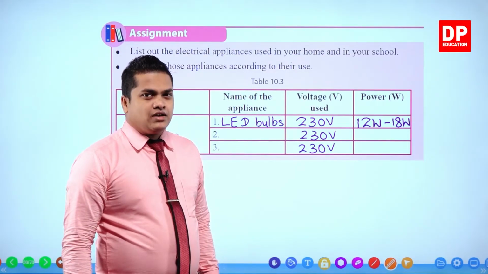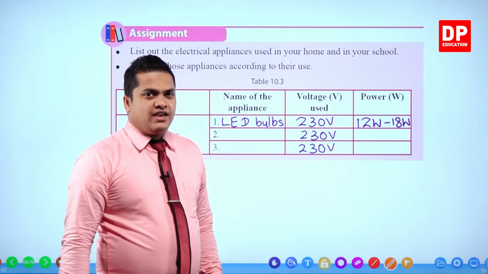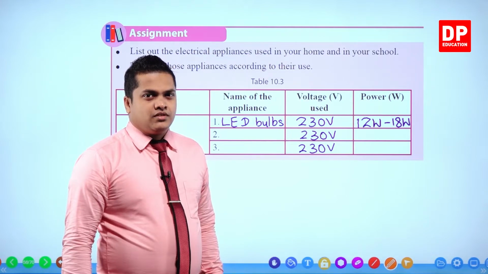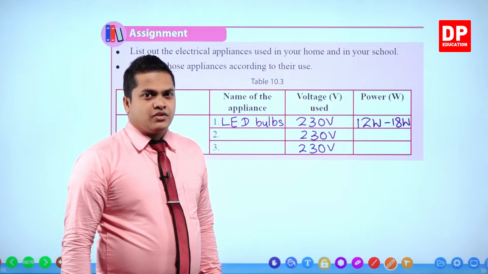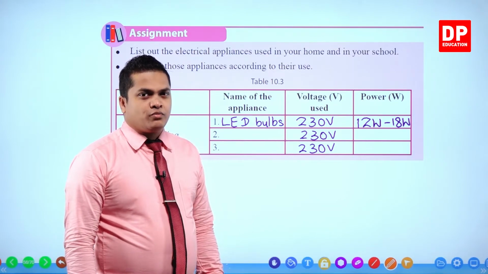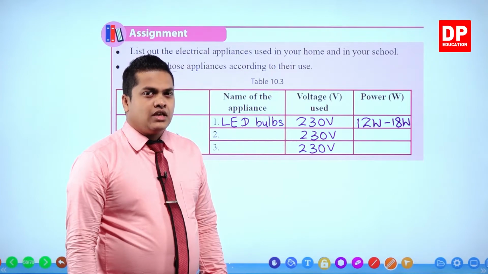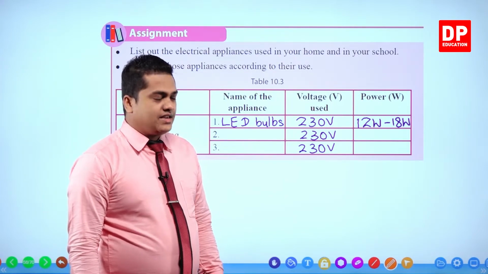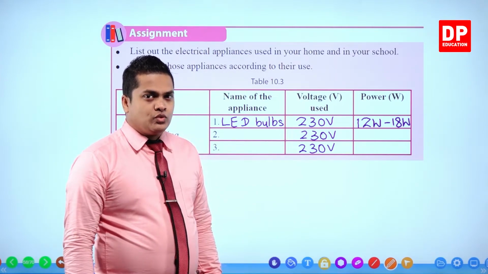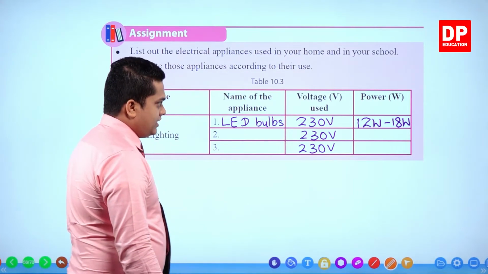In the veranda of your houses, most probably we are using 18 watt LED bulbs because that area is somewhat wider. So we need to provide a good amount of light energy to cover the whole area. There are some instances that we might need to use 18 watt LED.